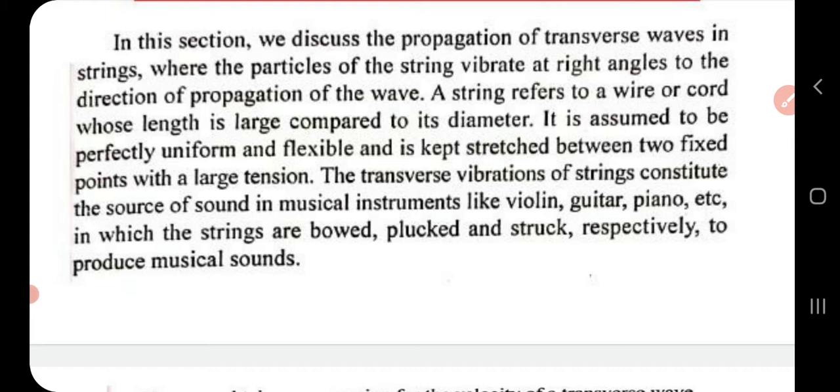So you have got a string which is nothing but a wire, and what are the peculiarities of that wire? Its length is large compared to diameter, it's uniform, flexible, and at the same time it is stretched between two fixed points, so naturally that string will be under high tension.